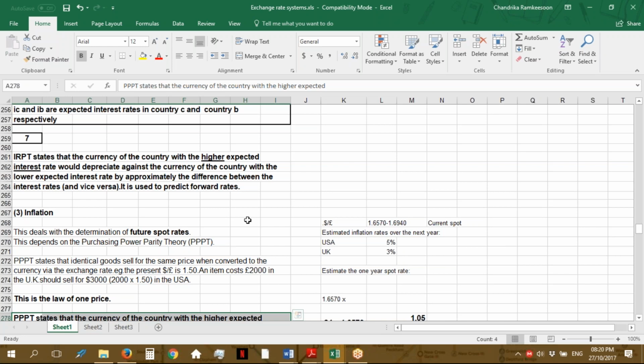The question is, IRPT says the currency of the country with the higher expected interest rate would depreciate.